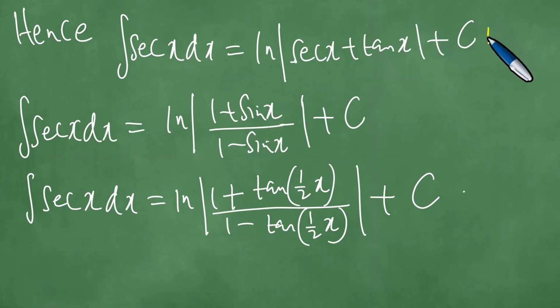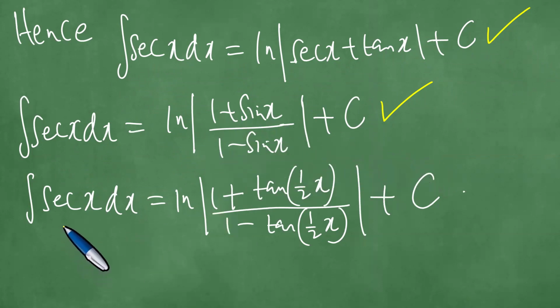We know that the integral of the secant of x with respect to x is the natural log of the secant of x plus the tangent of x, within the modulus sign, plus c. But we also have seen before that the integral of the secant of x is the natural log of 1 plus the sine of x divided by 1 minus the sine of x, within the modulus sign, plus c.